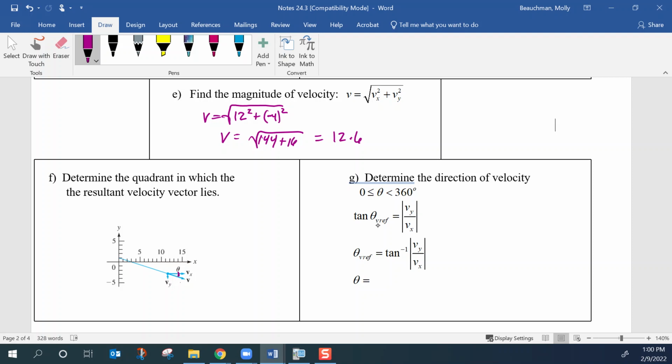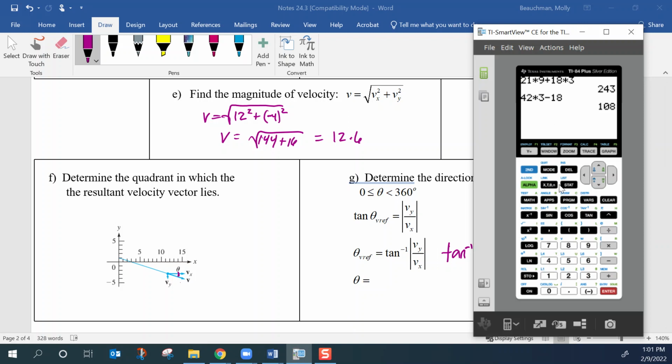So the reference angle is the velocity y vector over the x, it is v sub y divided by v sub x. So that means the angle, the reference angle, is the inverse tangent. So if I take the inverse tangent of negative 4, so that would be 4 over 12. The inverse tangent of 4 over 12, let me get the calculator.